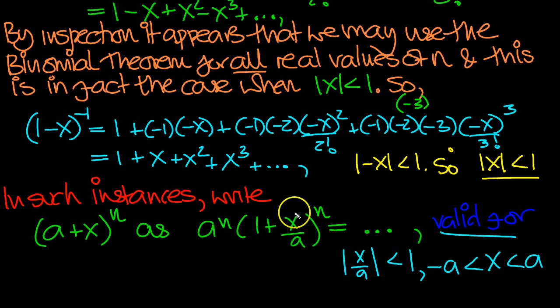So we must state when it's valid in these cases. And here our input x modulus must be less than 1. We can then simplify this inequality and write it in this form here. x must lie in this case between a and minus a.